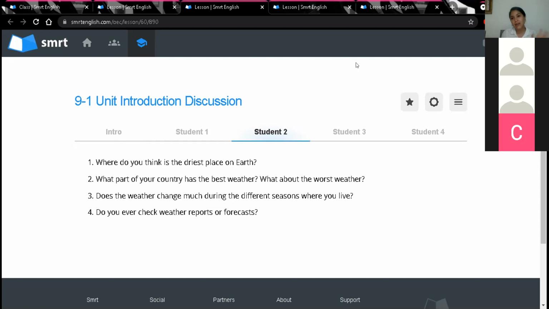In Sonora, we only have 2 types of weather, like summer and winter, because in spring it's, I don't know, probably hot during the day and not that cold during the night. So I don't know, what do you think, guys? Do you think that it really changes during the different seasons? Yeah.